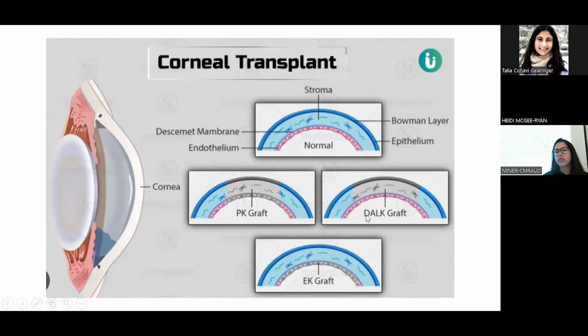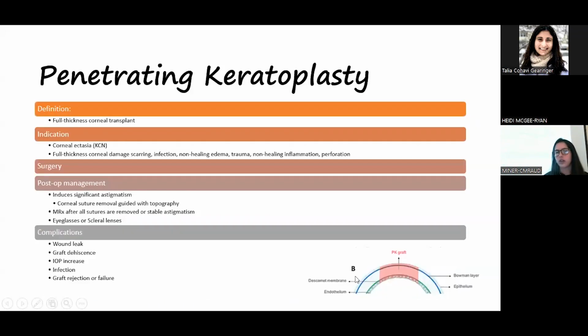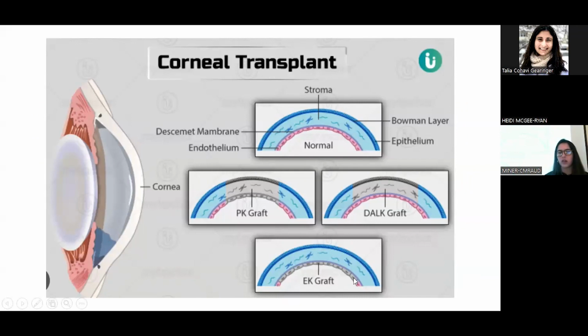In what we call the DALK, it's just the anterior layers of the cornea. And then in what we call EKs, that's endothelial keratoplasty, which is divided into DSEK and DMEK, only those inner layers that we see here in gray are transplanted. So let's talk a little bit further about each of them.